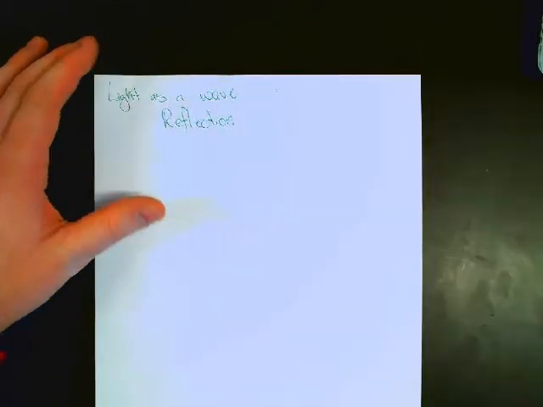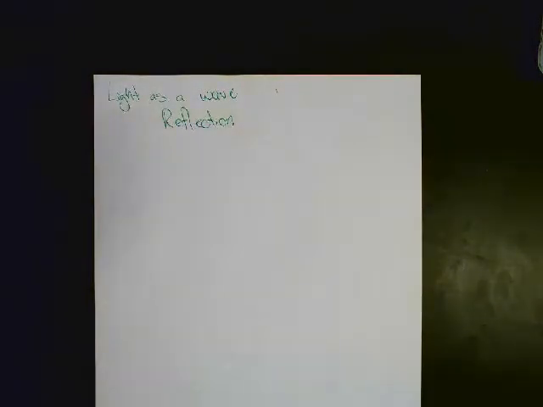What things have you guys already discussed, do we already know about reflection of any wave? Okay, so we can talk about, for a continuous wave that reflects on itself, we can get a standing wave, absolutely. What else can we talk about in terms of reflection?